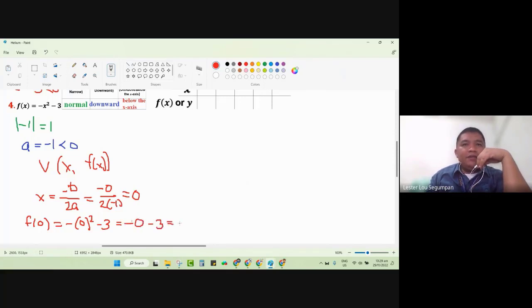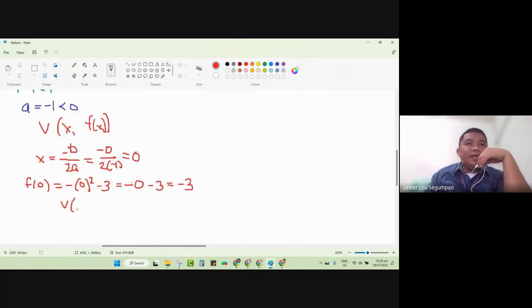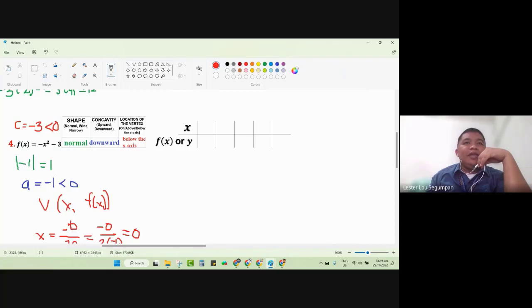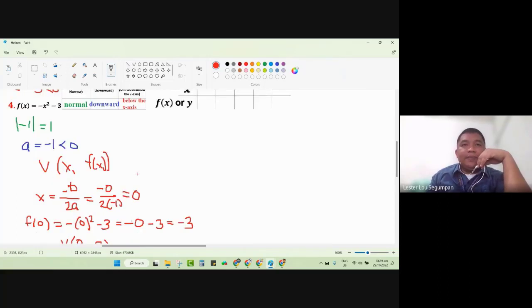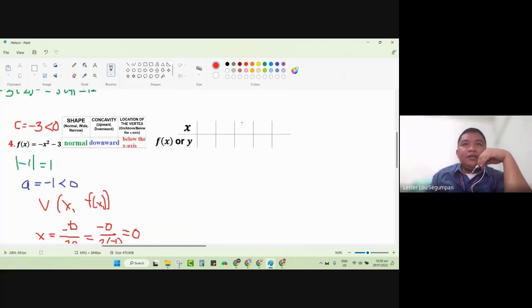You will have the value of negative 3. So the vertex is at 0 and negative 3. Same as the previous number, it's no longer at the origin. And since we have predicted it's below the x-axis, it will not touch that point as well. So it's 0 and negative 3.